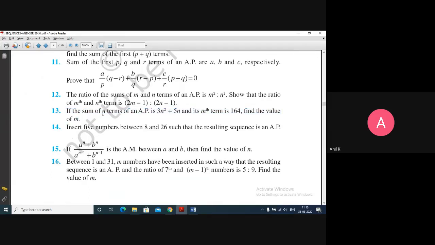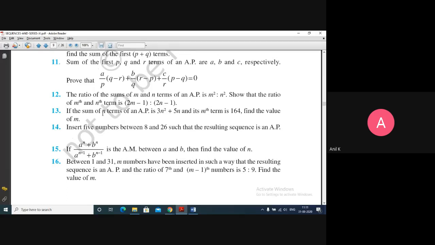The sum of n terms is given, that is Sn value is given as 3n square plus 5n. Find its nth term, that is am is given as 164, and the value of n. Simply find S1, that will give you a value, find S2, then you find S2 minus S1, that will give you A2 value, then again you find A2 minus A, that will give you D value.